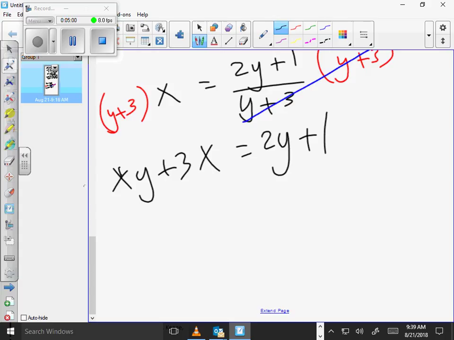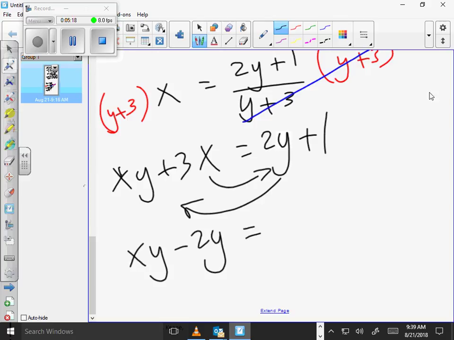And what am I solving for? Am I solving for x or solving for y? Switch the x's and y's and solve for y. So I want to get y by itself. I've got y's right now on both sides. I'm going to move all the y's to one side and the not y stuff to the other side. So xy minus 2y equals 1 minus 3x.